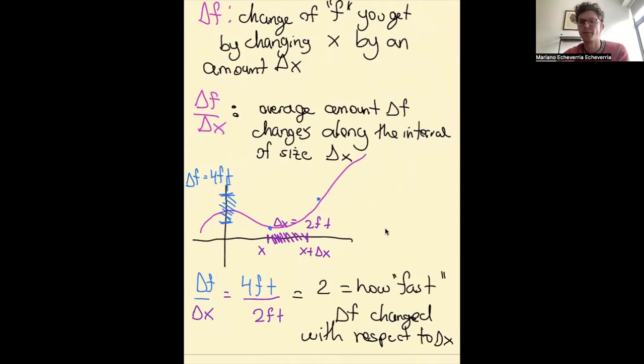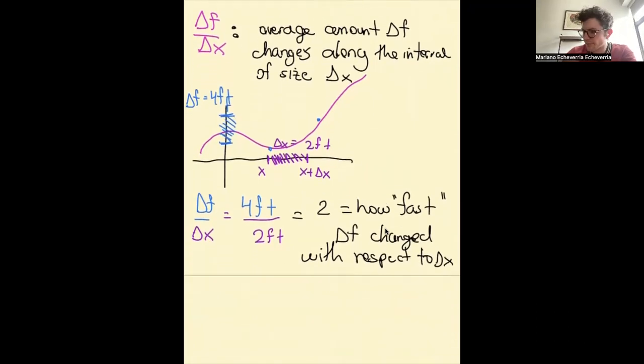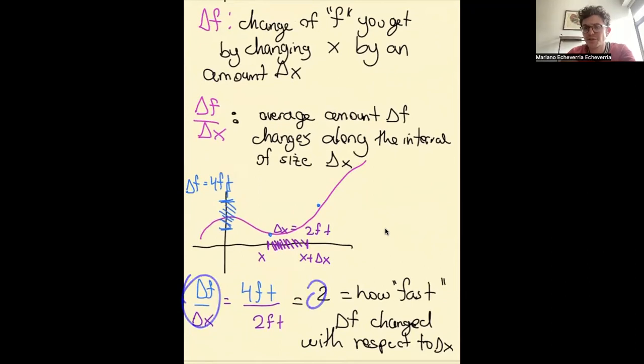Is that making sense? Maybe I should stop here first. So again, in this ratio, if the ratio happens to be 2, it's just saying that delta f is growing twice as fast as delta x. So on average, the average change of delta f with respect to delta x is 2.